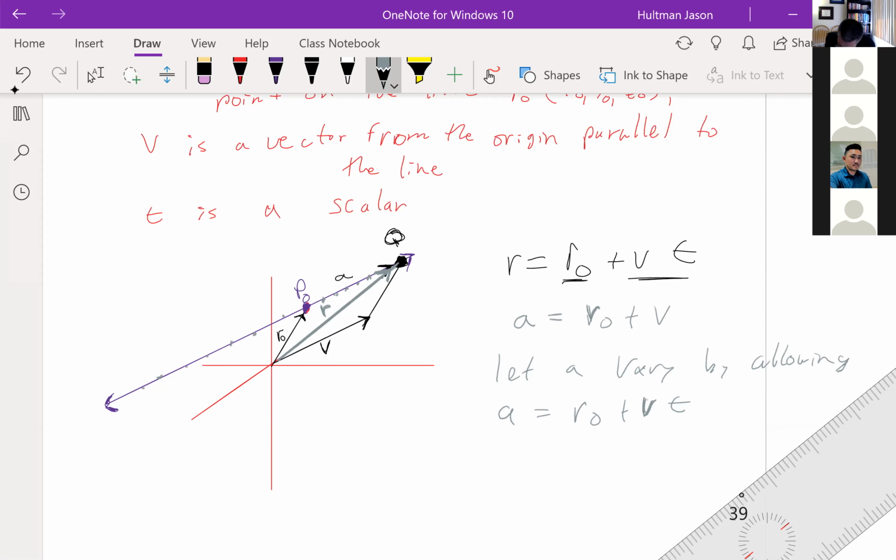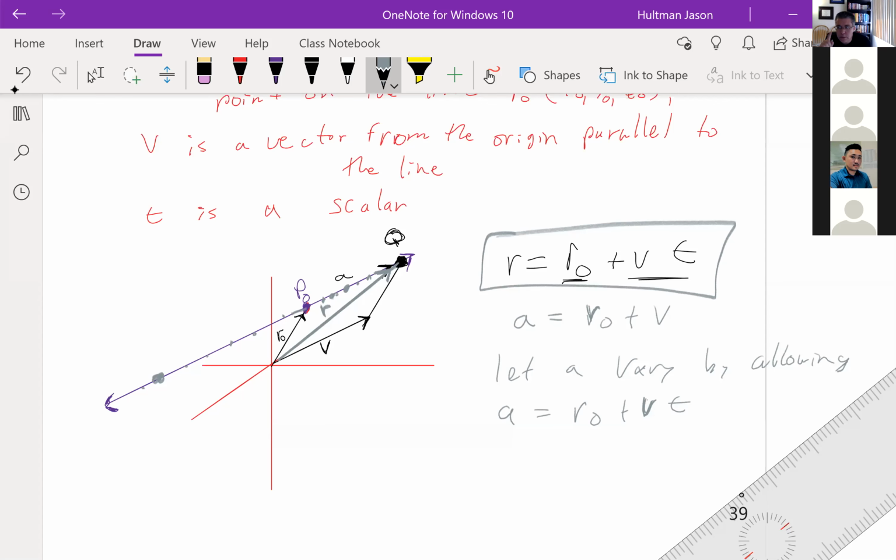Right? Say t was equal to -3. Well, that would be this point. What if I wanted t to be 1/2? Well, that would be this point. What if I wanted t to be 1/3? Well, that would be this point. You see that? By allowing t to vary, that gives me every single point on that line.